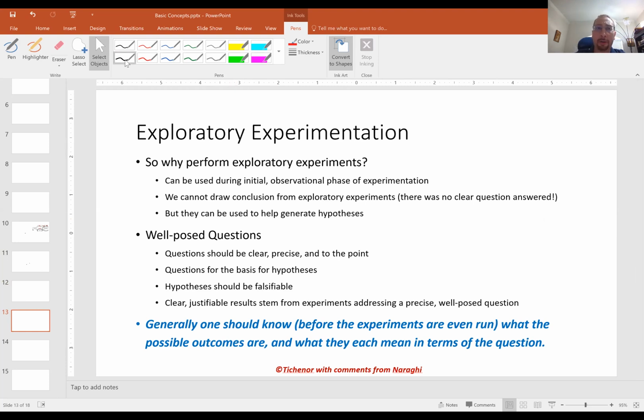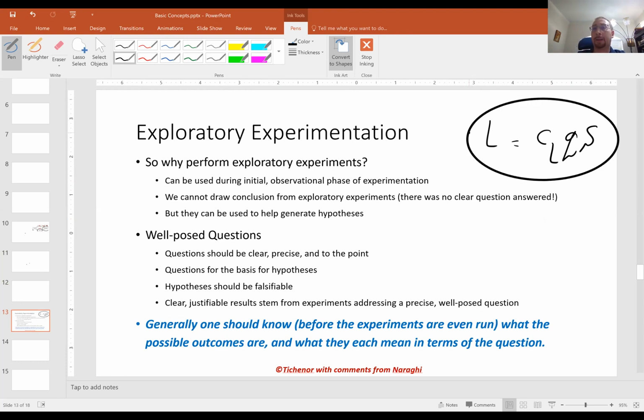If I go back to the experiment that I was telling you, if I want to check this guy, basically at the very beginning, if I have no information about this relationship between lift and dynamic pressure and surface area, one experiment I can do is just change the pressure or change the velocity and see if the lift is changing.